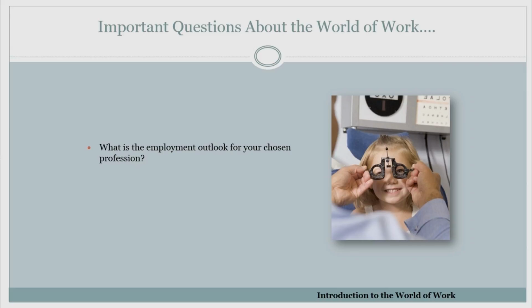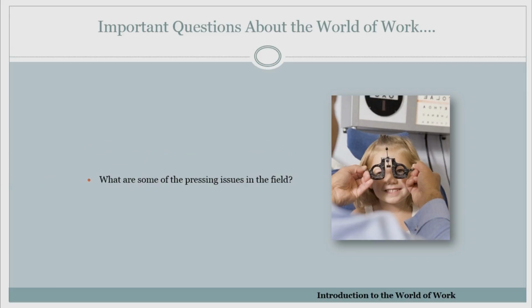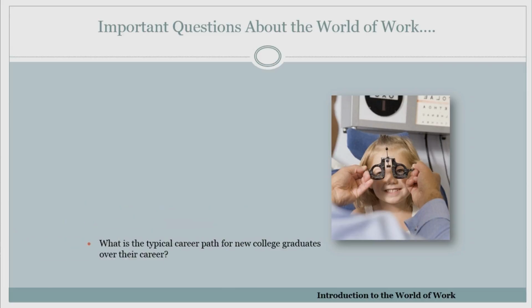So the employment outlook is important, in addition to what are some of the most pressing issues in the field, as well as some of the challenges related to the profession, in addition to what are some of the different career options related to what you're thinking about. Finally, there's a typical career path for new college graduates. What is realistic when students graduate to enter that particular profession? What is the realistic path that's typical for new college graduates?